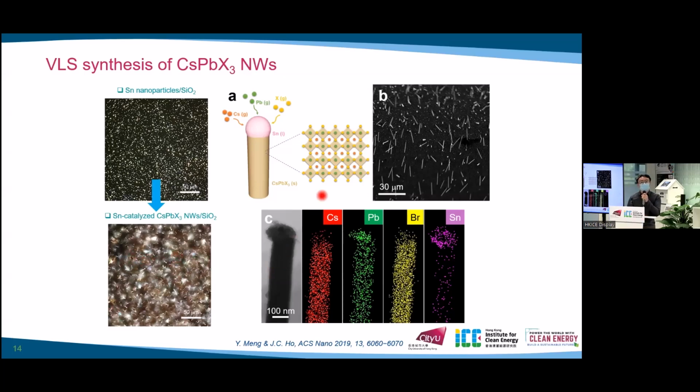And from the SEM shown here, we can see the vertical growth of cesium lead halide nanowire out of the substrate. And from the EDS mapping shown here, we can see the cesium, lead, and bromine are uniformly distributed over the nanowire. But at the nanowire tip, it's mainly composed of lead and tin. So it's direct evidence of VLS growth.